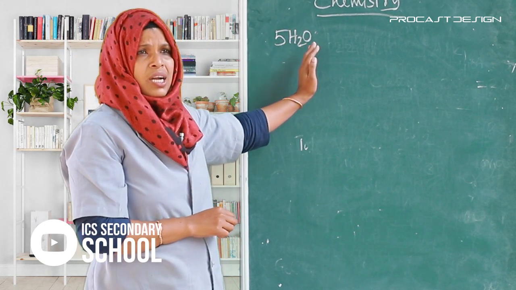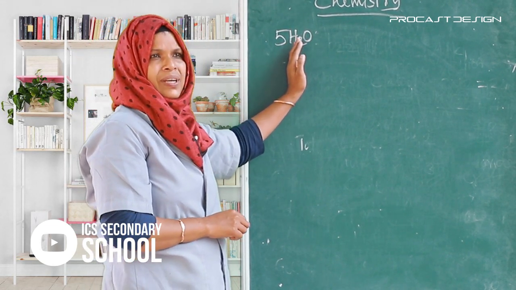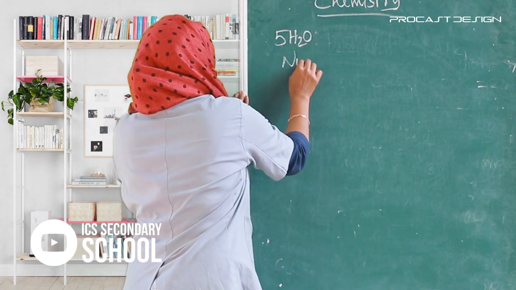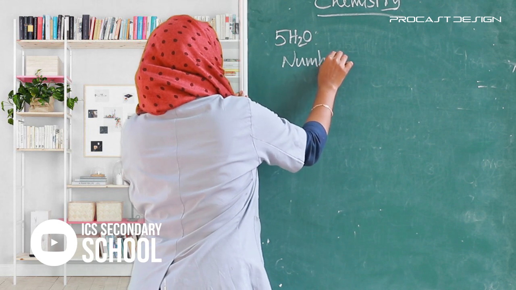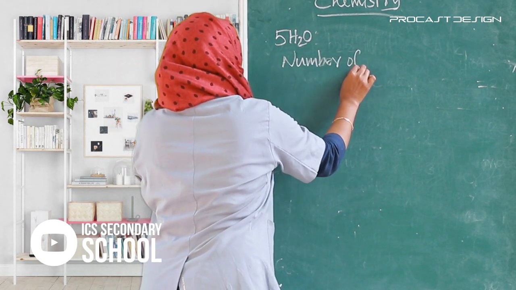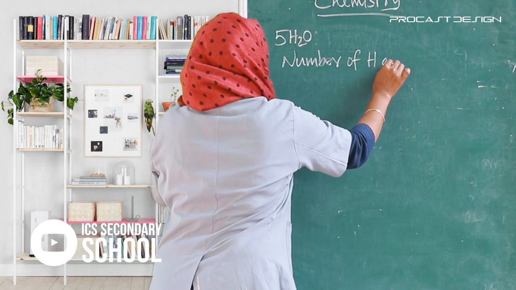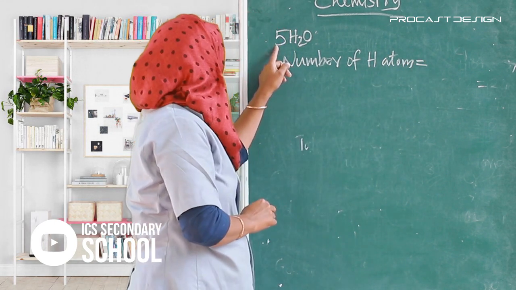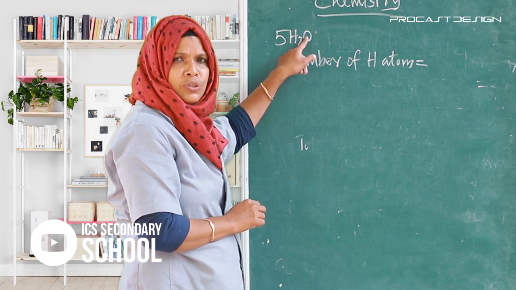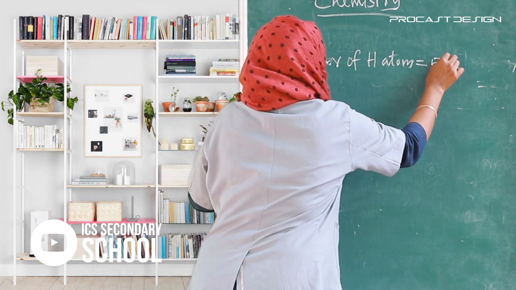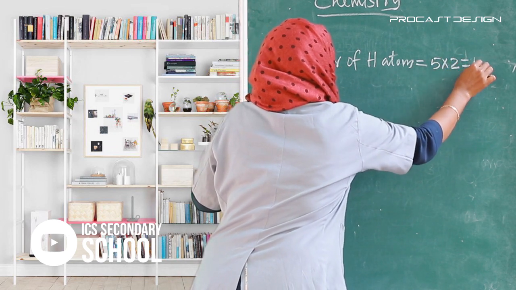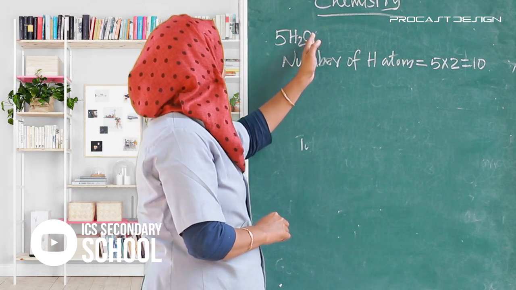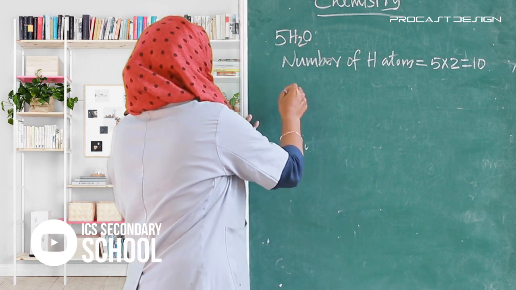First find out the total number of hydrogen atoms, equal to 5 into 2, equal to 10.